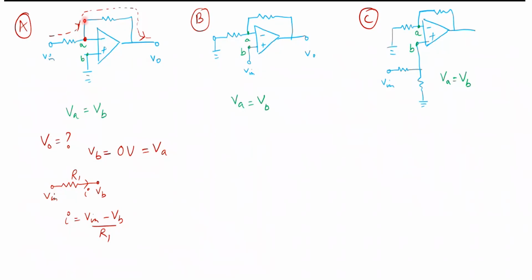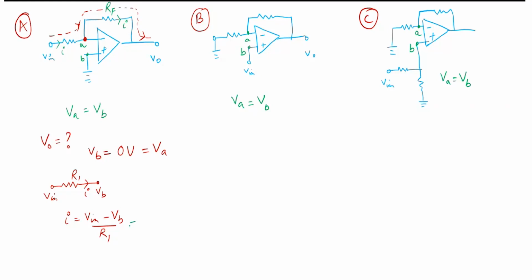It will go to the feedback part. That means, can I say the same current is flowing through this feedback resistor RF? Can I say it like this?